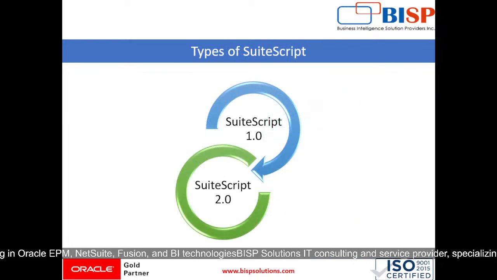SuiteScript types: first is SuiteScript 1.0, which is the older version, where it provides a server-side scripting environment for working with records and business logic. And SuiteScript 2.0, which is the modern modular version of SuiteScript that allows for more efficient development, better scalability, and easier debugging.